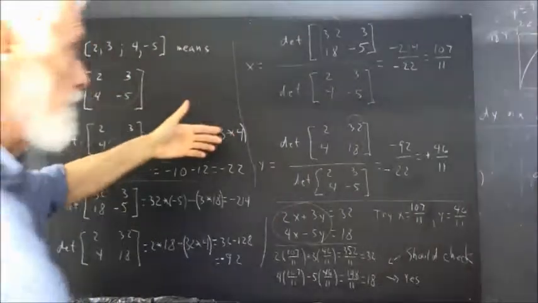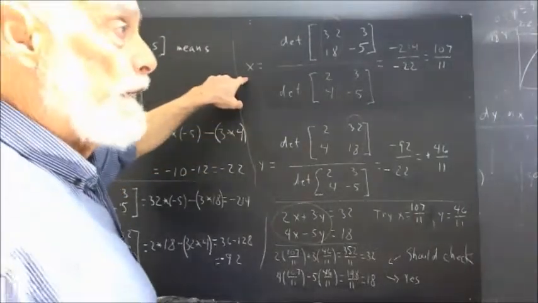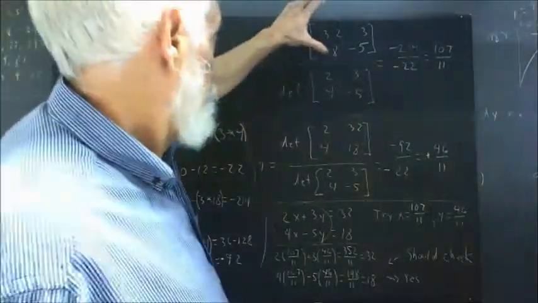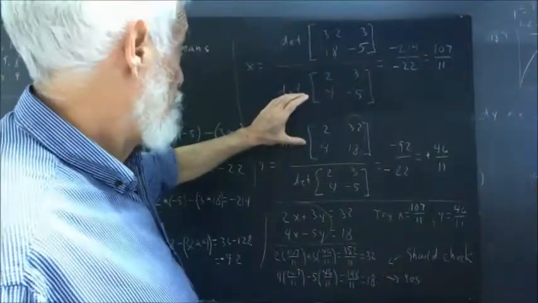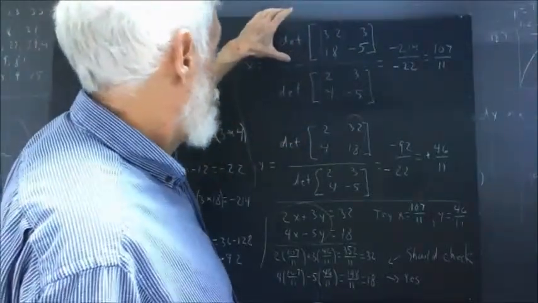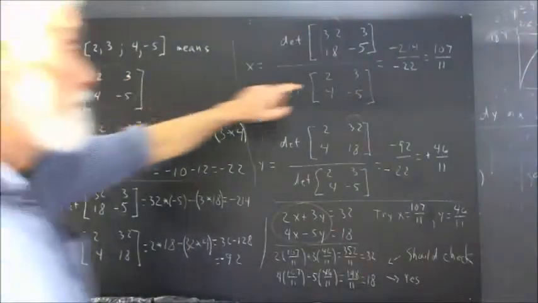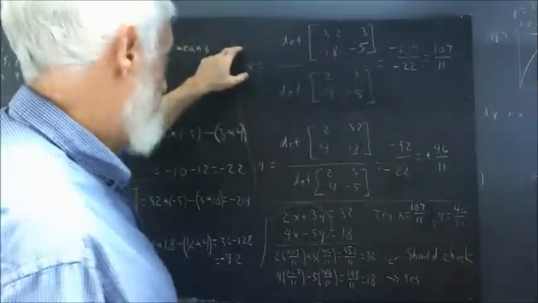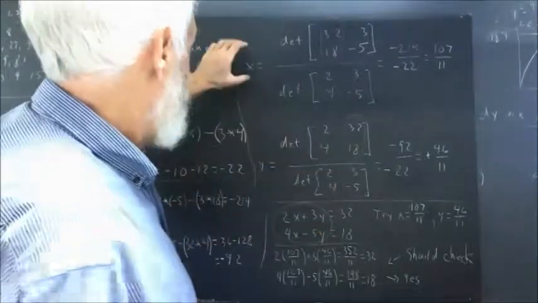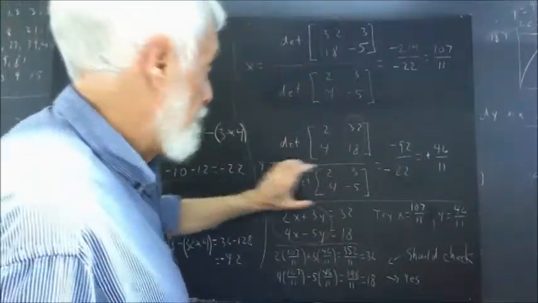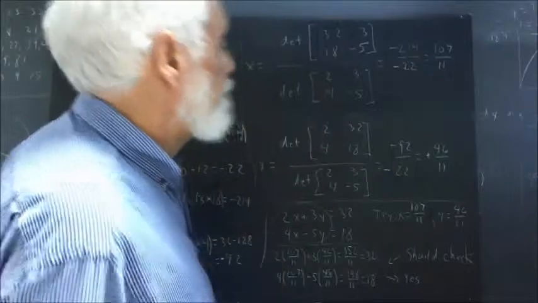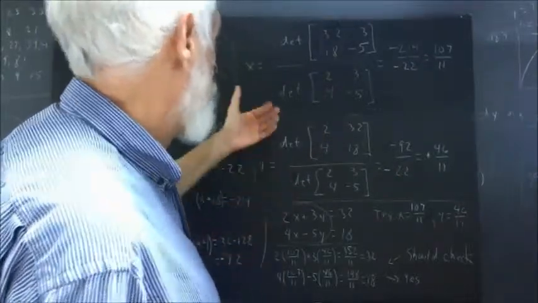And the way we can think of that is when we're trying to calculate x, we're going to have a numerator matrix and a denominator matrix. Okay, the denominator matrix is our coefficient matrix. That's always going to be the case whether we're solving for x or y. See, we have a solution for x and y, and we have the same determinant in the denominator of both.